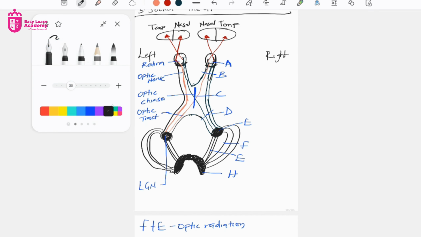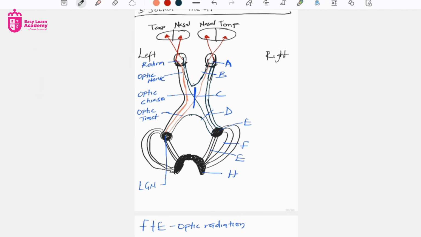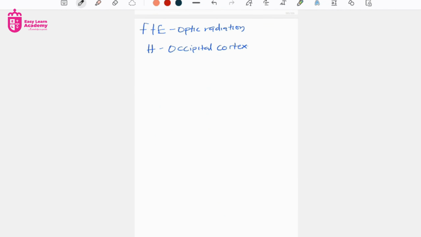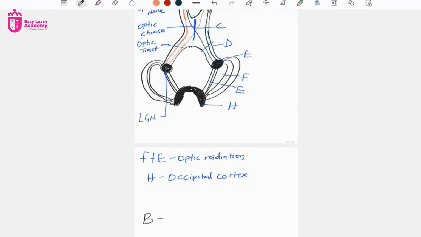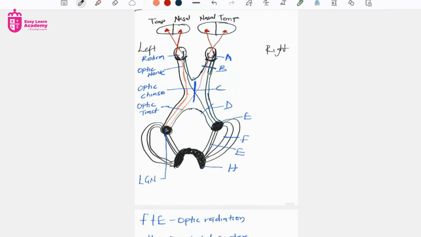So let me switch back to black, and I'll use the first one as an example. Lesion at B. A lesion at B, which is here, means that we've cut off this guy. Can you see me shade this guy? We're cutting him off.